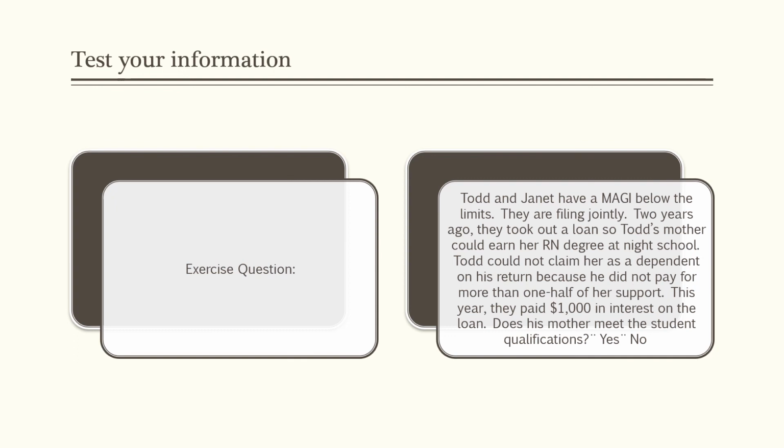Todd couldn't claim her as a dependent on his return because he didn't pay more than one half of her support. This year, they paid $1,000 in interest on the loan. Does his mother meet the student qualification? Yes or no? The answer is: Todd's mother wasn't their dependent at the time they took out the loan, so she is not qualified.